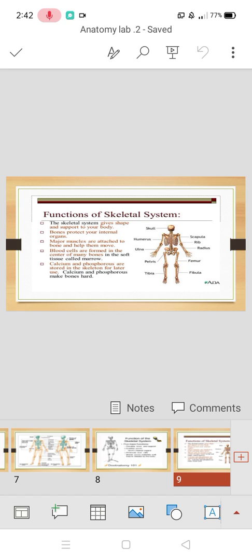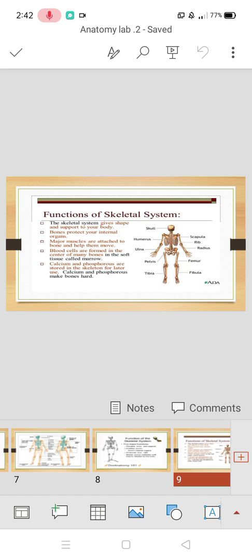We have the ulna, the inner of the two bones of the forearm when viewed with the palm facing forward. Radius is one of the two bones that make up the forearm, the other being the ulna.